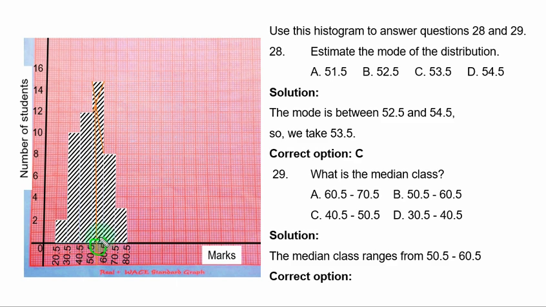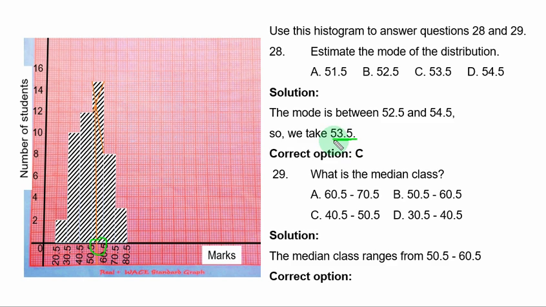The mode is between 52.5 and 54.5, so we take 53.5. So C is the correct option.